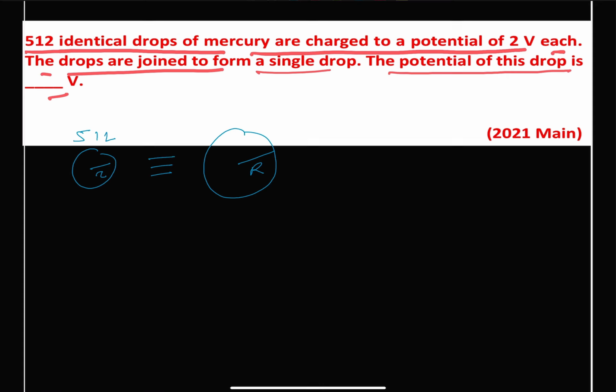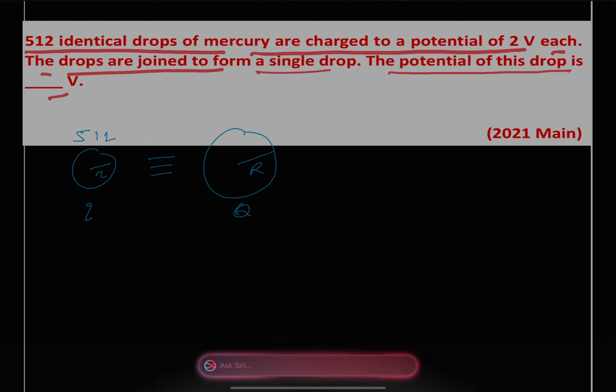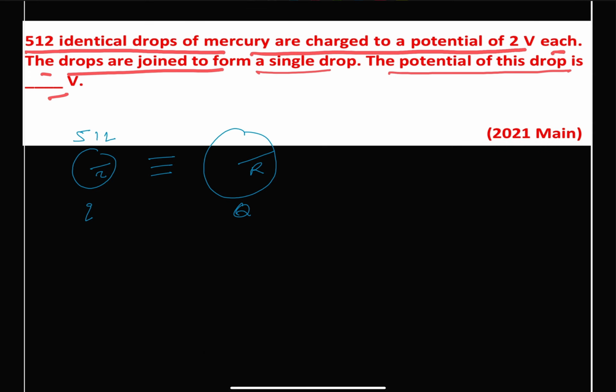We can easily find out, if the charge on the small drop is small q and the charge on the big drop is capital Q, therefore we can say this total charge Q will be equal to 512 times small q.